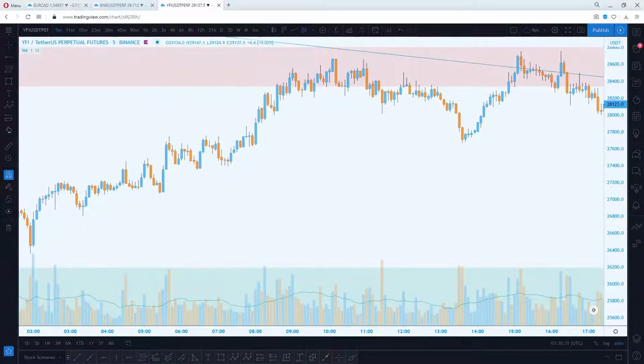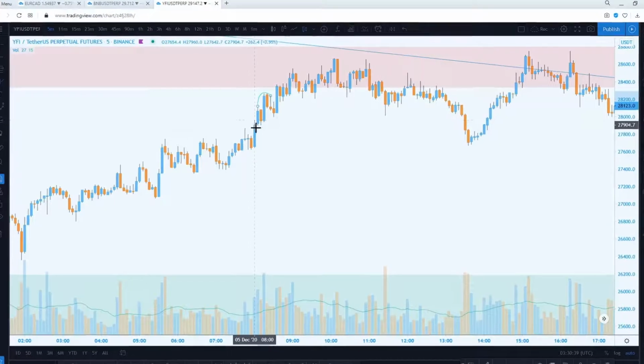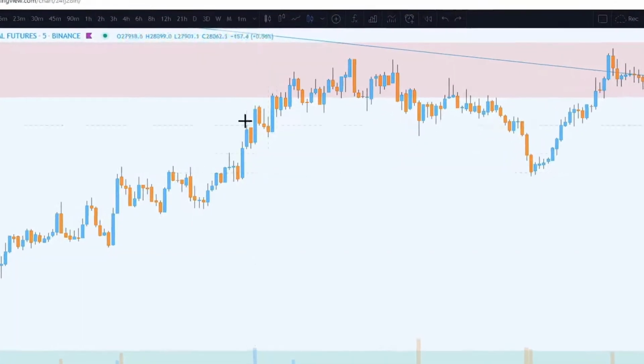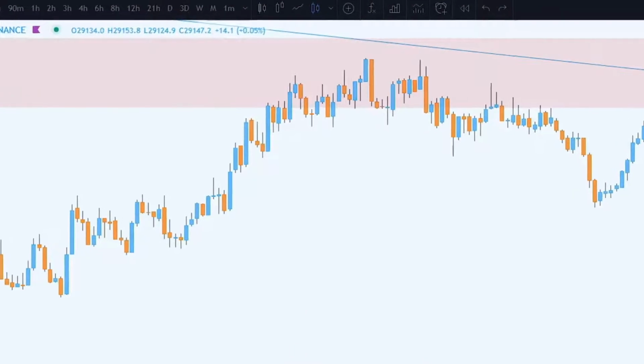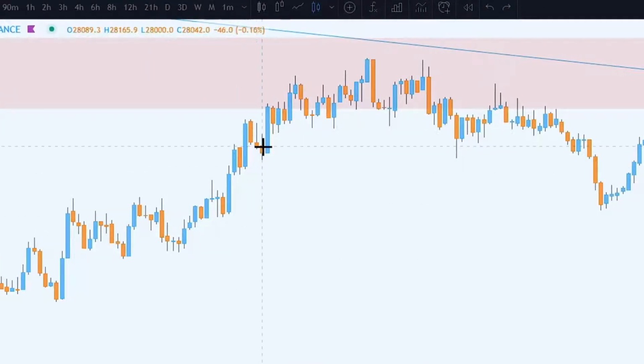Okay, now you see this is a pivot high, right? That is a pivot high. That means this is a demand. Let's mark that. Now we have this demand coming into here. We have this little reaction, then it keeps going up.